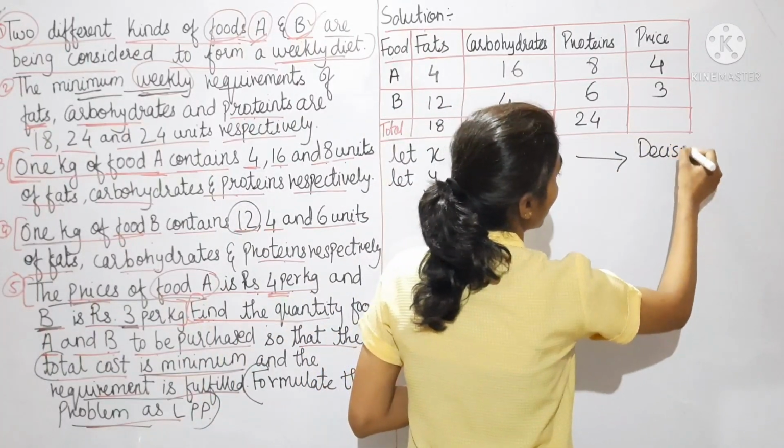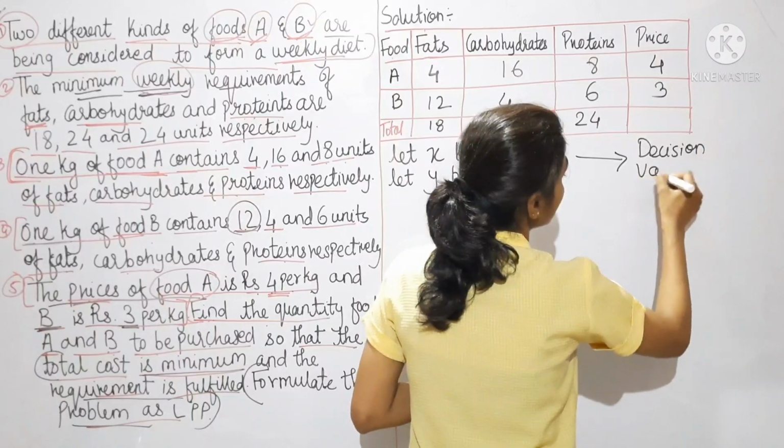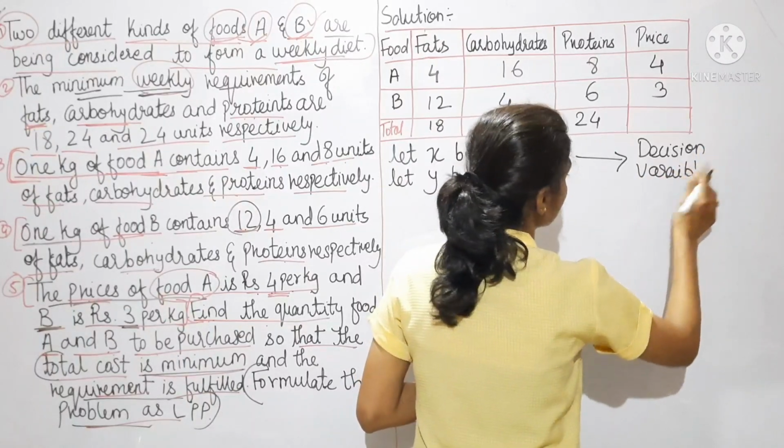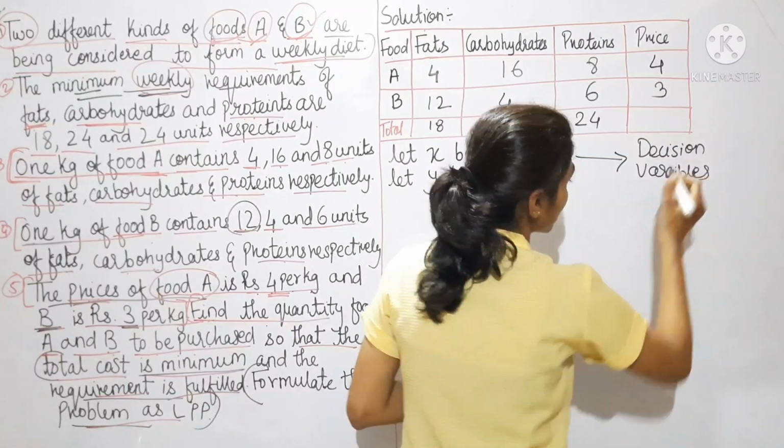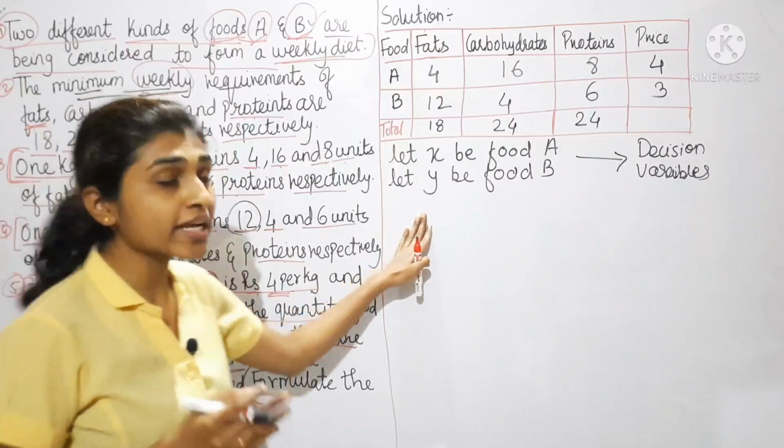So in the first step we have identified the decision variables. Clear? Now second is we have to find the objective function.